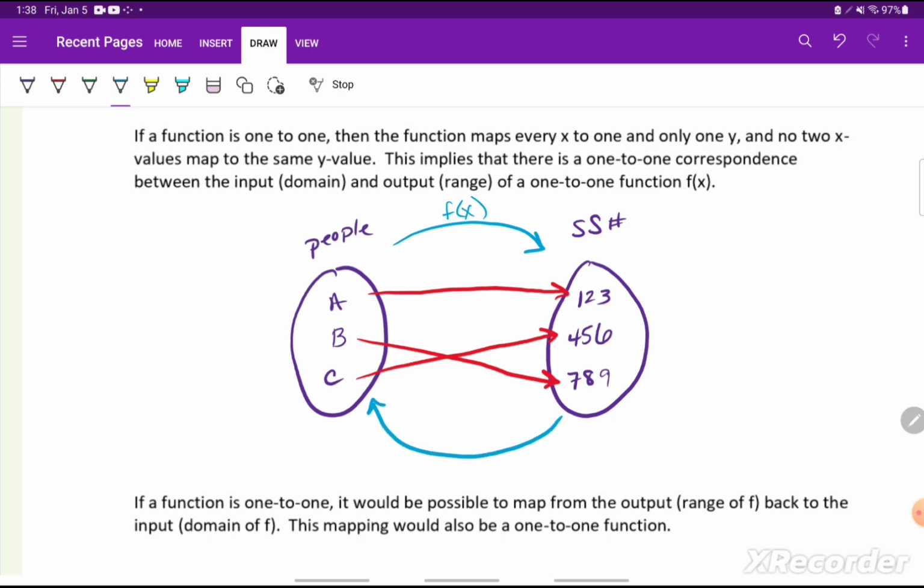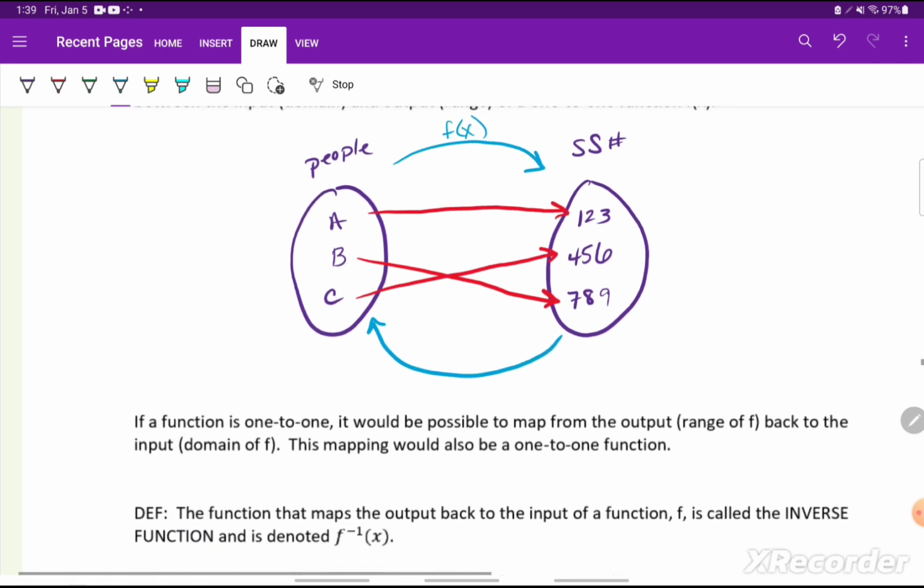If a function is one-to-one, it's going to be possible to map the output back to the input, which is what we're doing here if we type in a social security number and get somebody's name. This mapping would also be a one-to-one function, and this mapping is specifically called the inverse function.